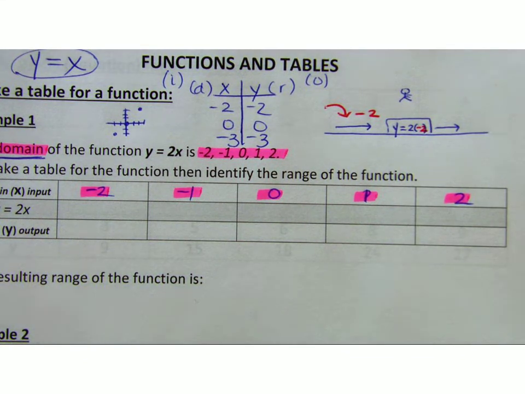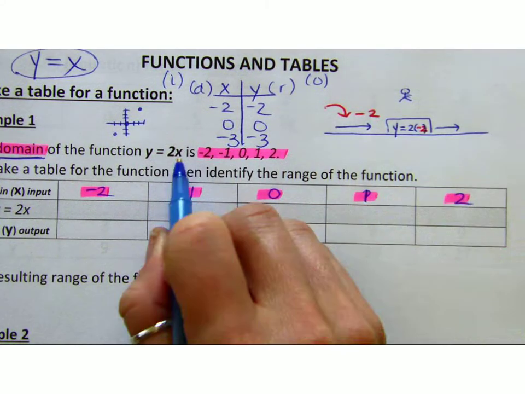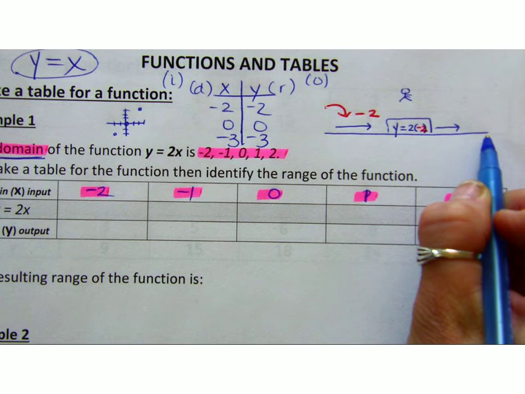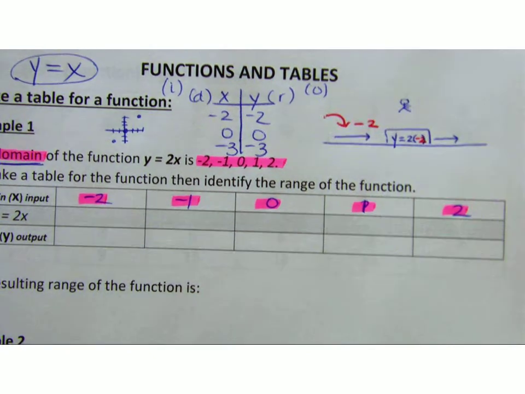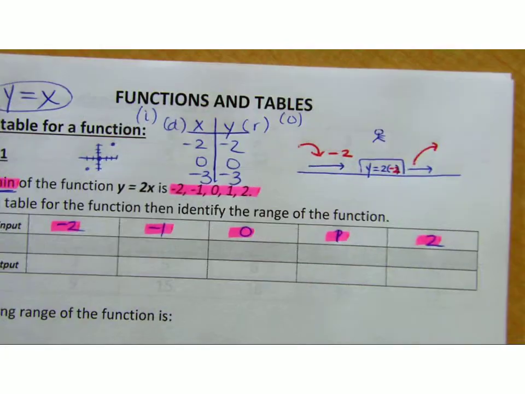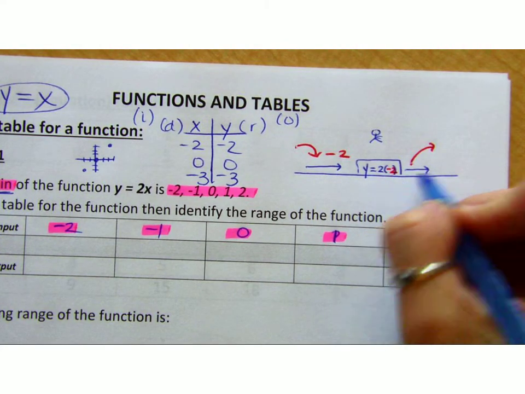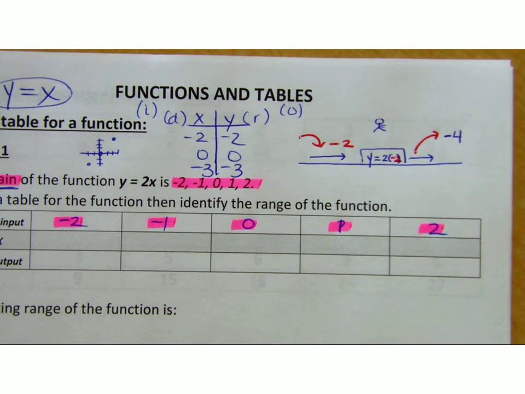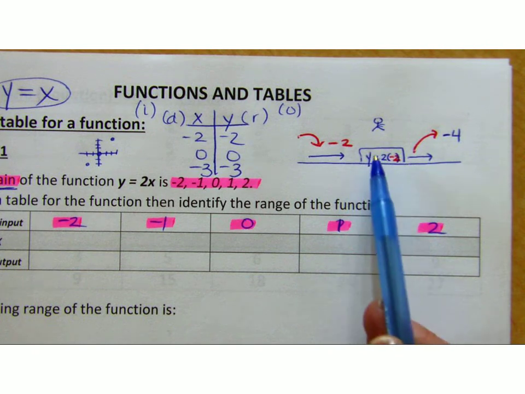And so then after I take that x, I multiply it by 2. What spits out the other end? Not -2 anymore, -4. So when I inputted -2, -4 was my resulting output. Does that make sense? So it's like this fancy machine. A lot goes on under this curtain. It multiplies by 2 whatever x was.